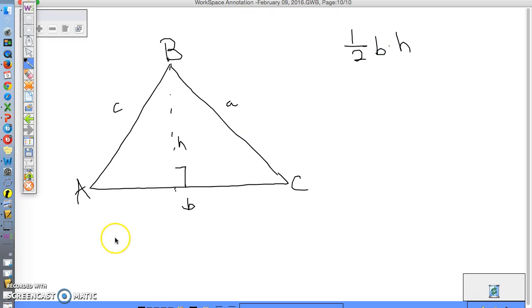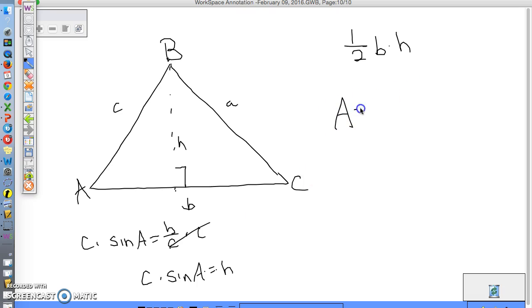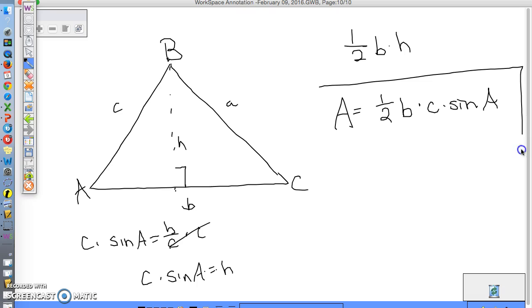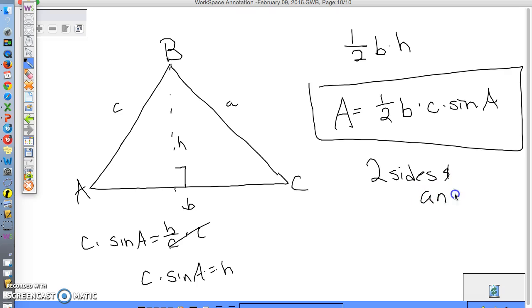But what is our height? Well, the sine of A equals h over c. So our height is c times the sine of A. So a new formula for area would be 1/2 our base times c times the sine of A. So this is also area of a triangle. You have to know two sides and the angle included.